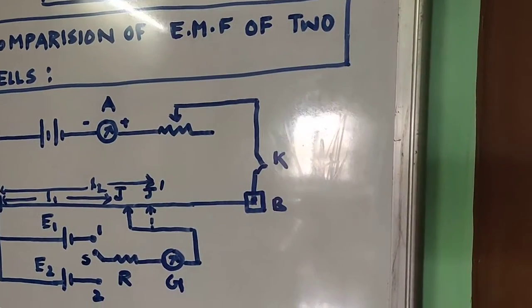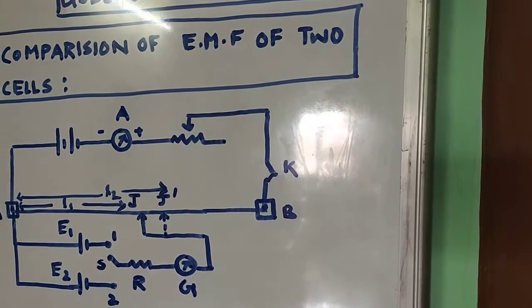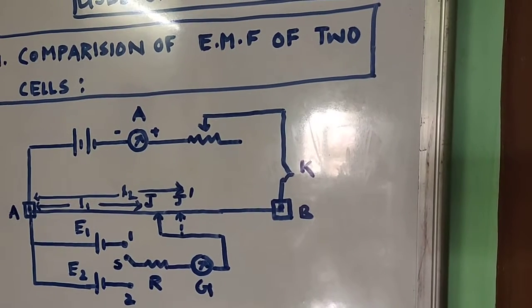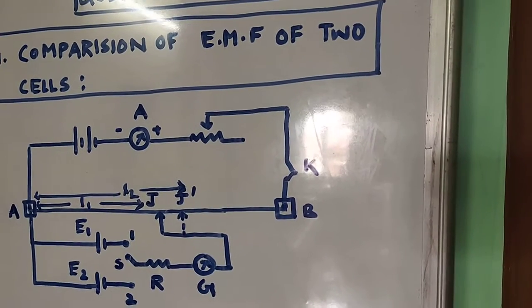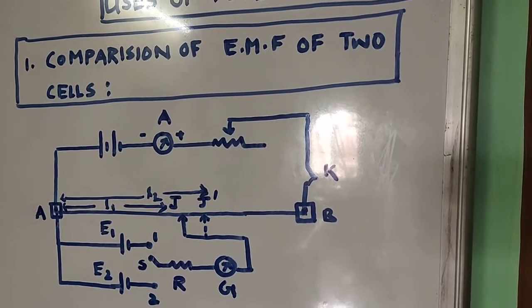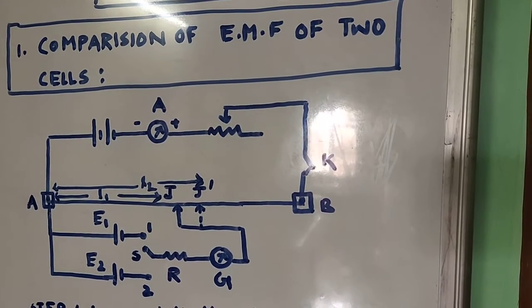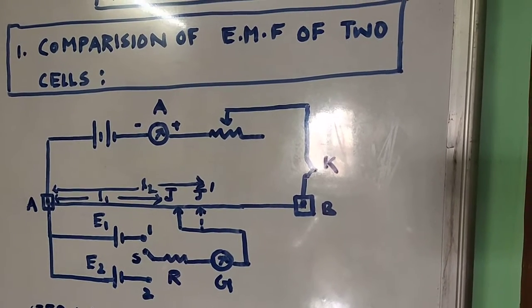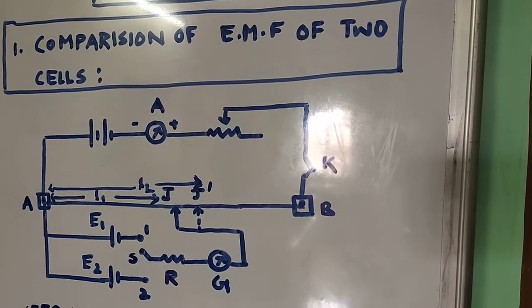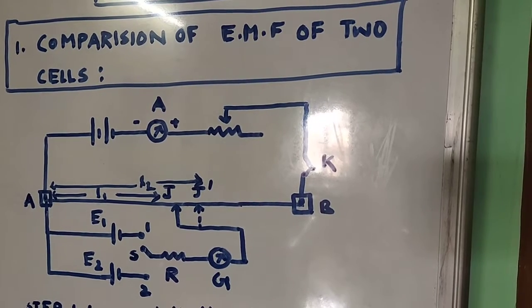Now you have a key K. You have to close the key K so that there is a current in the potentiometer wire. AB is the potentiometer wire. You have two cells, one with EMF E1 and another with EMF E2, and the positive terminals of both cells are connected to point A, and the negative terminals are connected to number 1 and number 2.